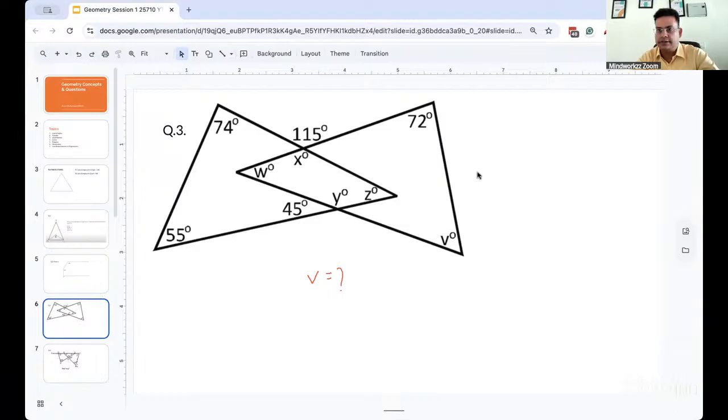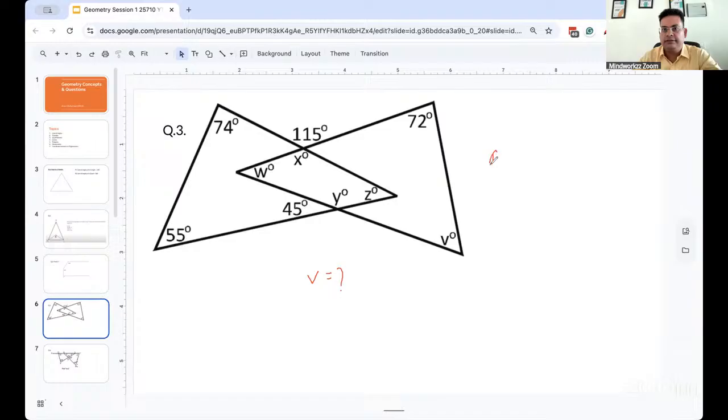Let us see. So see, the first thing is you want V, right? So for V you will need W. W you can get by, if you know X, Y and Z, and these are angles in a quadrilateral, but you will need X. So X will be what? X will be 115 degree.